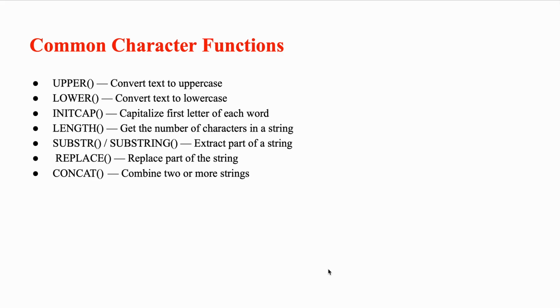We can change the text, calculate string length, extract parts of a text, remove extra spaces, replace values, or combine strings. In this video, we'll look at each of these with simple examples so you can see how to apply them in your own SQL queries.